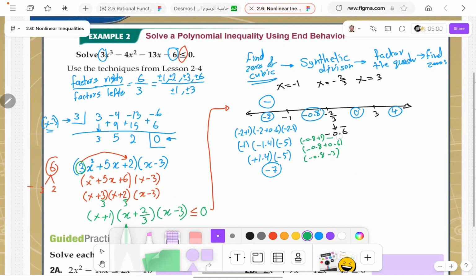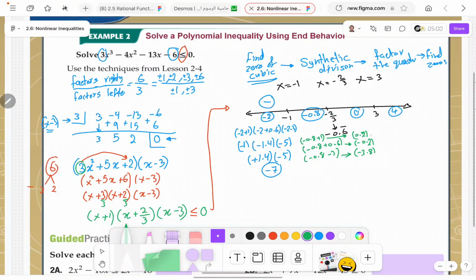So in the first factor I will get positive 0.2, because negative 0.8 plus 1 is positive 0.2. Here I will get negative 0.2, and here I will get negative 3.8.